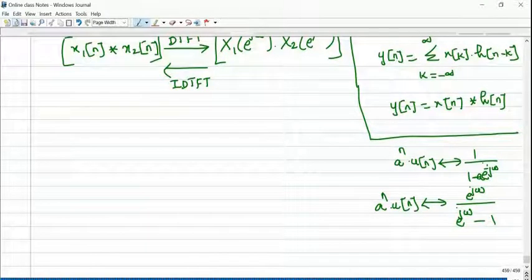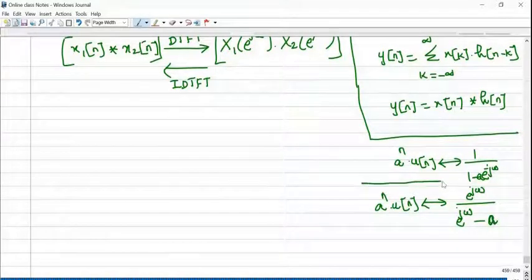If you multiply e power j omega on both numerator and denominator, you get e power j omega divided by e power j omega minus a. So remember this particular formula.